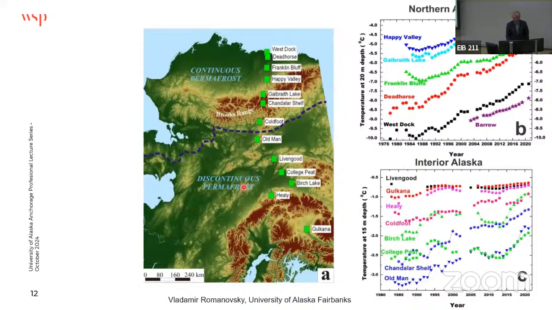Yeah, and I love this figure by Vladimir Romanovsky of UAF. I steal it and use it regularly because one of the underlying premises for this whole presentation is that we have permafrost degradation, right? I'm not going to go into a lot of the details behind this, but I do want you to observe that this is 20 meters, 60 feet below ground surface.